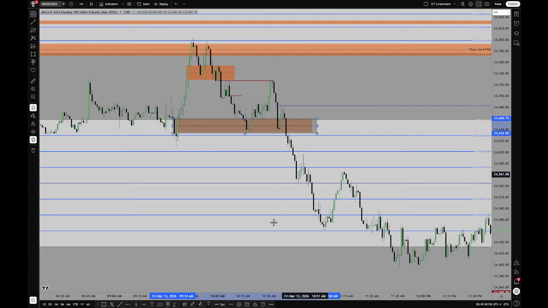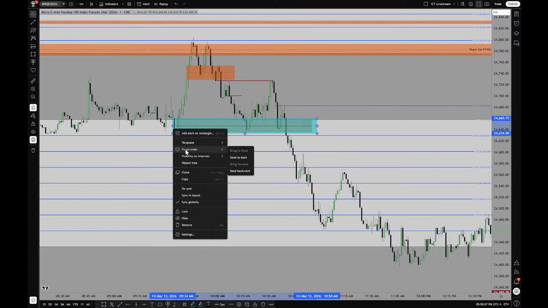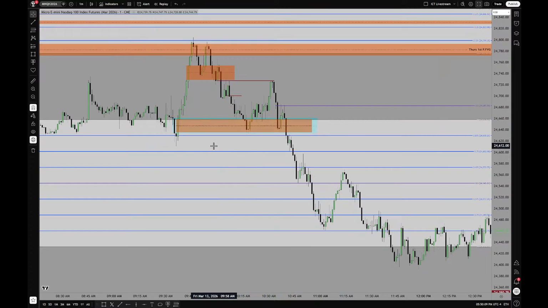It looked just like this, but it was in blue. So this is how it looked on the recorded trade. It may have been a different kind of blue, something to that effect. But visual order, we'll send that back like that. So it kind of looked like that a little bit.